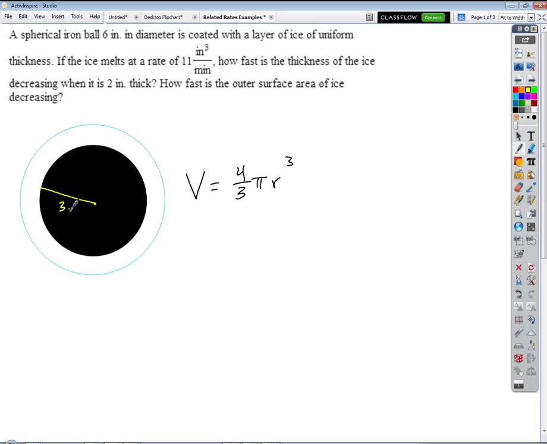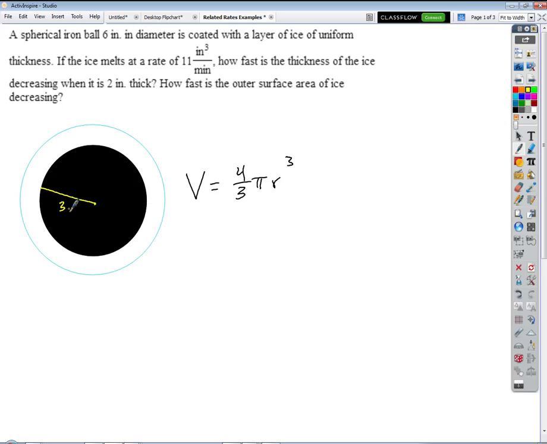We can do that. But if you think about this in terms of the parent equation, seen from the outside, it just looks like what? What does this object even look like from the outside? Like a ball, right? Just like a ball of ice.